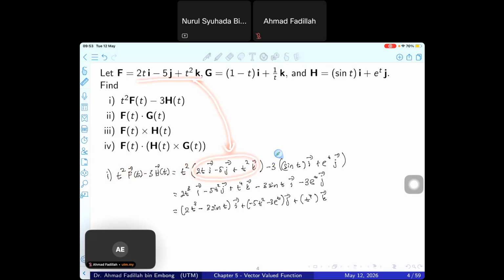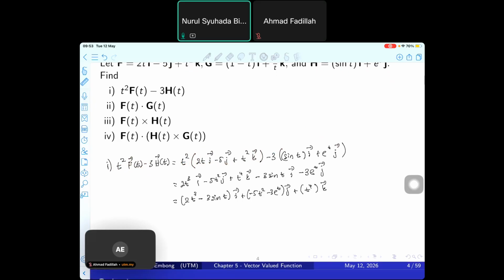The same happens in this case: I copy everything from H and put it here. I believe that everybody can do this one. Then you can open the brackets one by one like this, and this one.